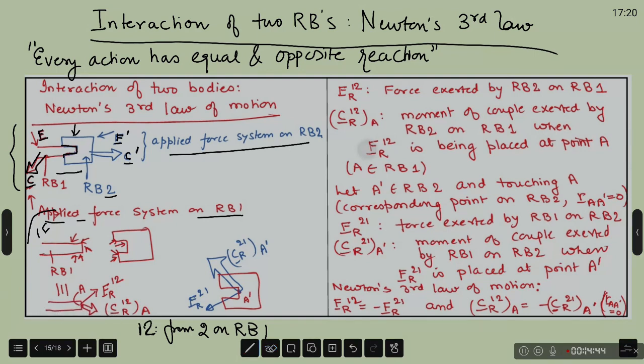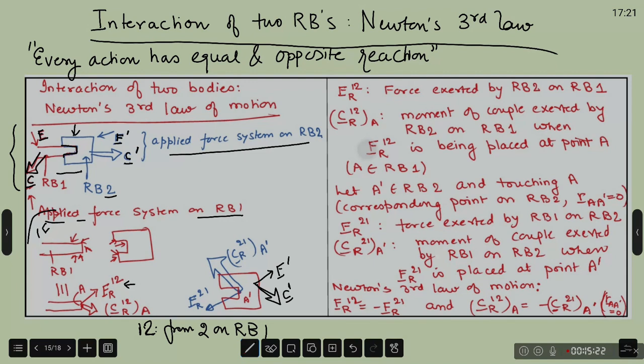Now if I go to the second RB, again this F prime and C prime are still acting. I am not reducing their significance, they are still acting, but my focus of attention is the force system that is coming on RB2 from RB1.